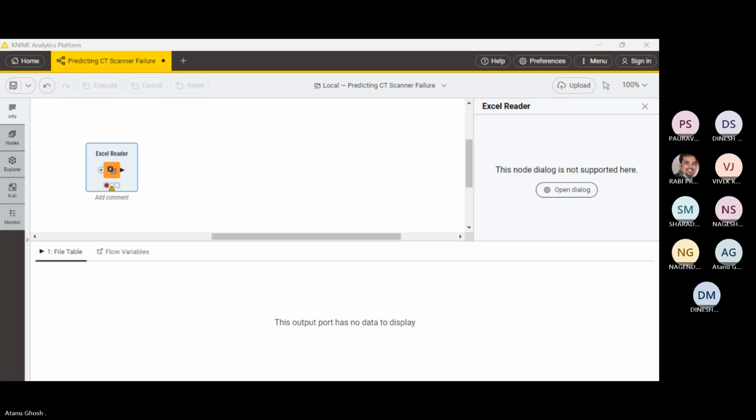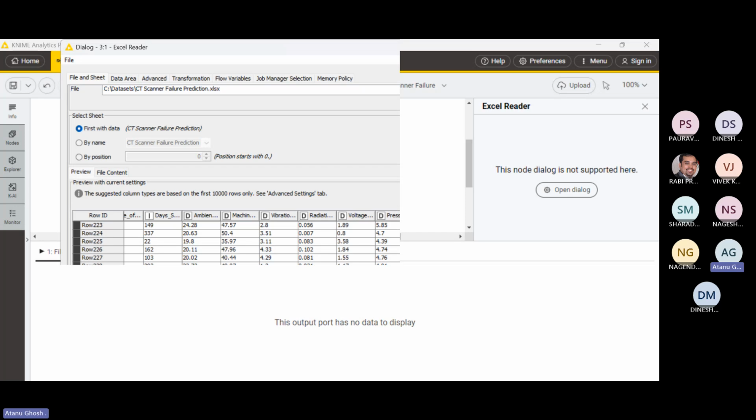I don't know what percentage of radiation leakage beyond which it will fail. I know there's a relationship, but I don't know the exact cutoff. Then I will consider radiation to be one of the features used to predict whether a machine is going to fail or not. So as a domain expert, you have to identify this set of features. What are the features that are likely to affect the machine failure?